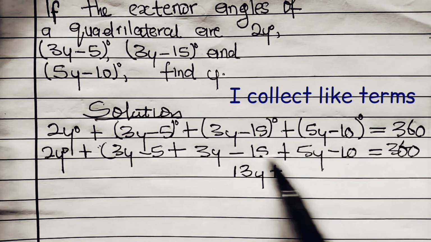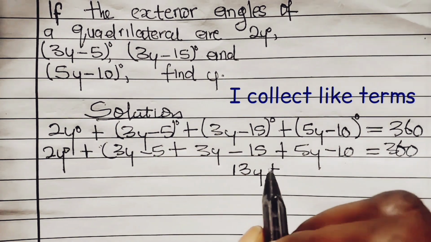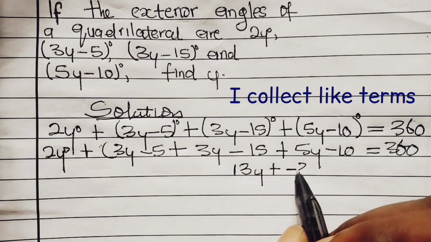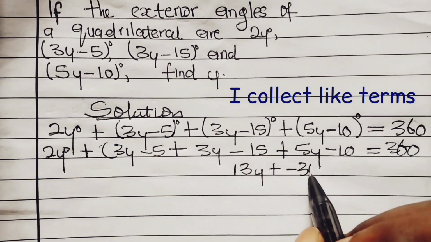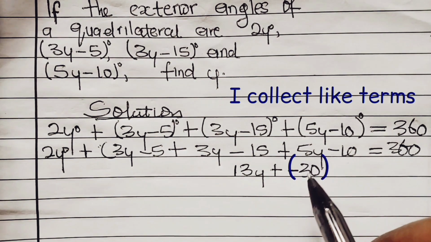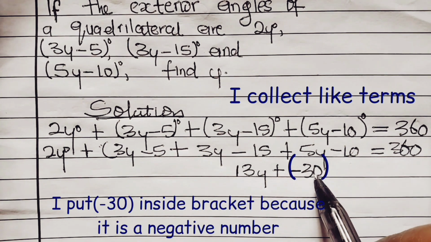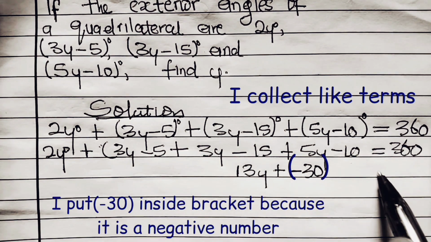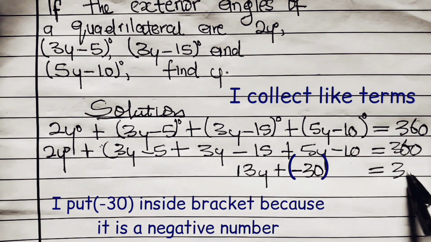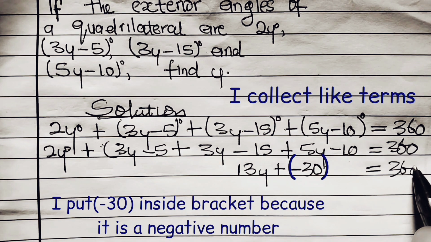But because it has a minus, it will be minus 30, not plus. So 13y minus 30 is equal to 360.